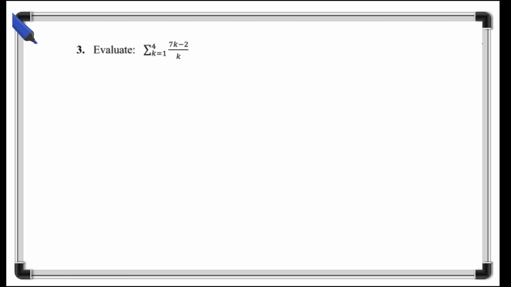All right, in this question, we're going to evaluate, and you have a sum, so you have that sigma notation. Your first number to substitute is always going to be below that sigma, and then your final number to be substituted is going to be above that sigma notation. So for A sub 1, you take that 1 value and substitute that in for k.